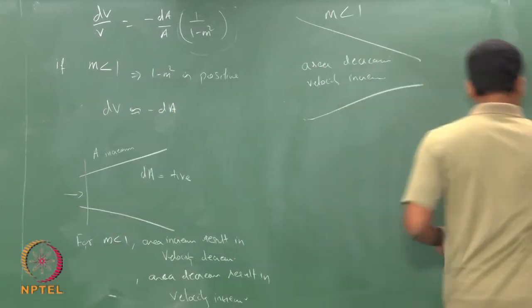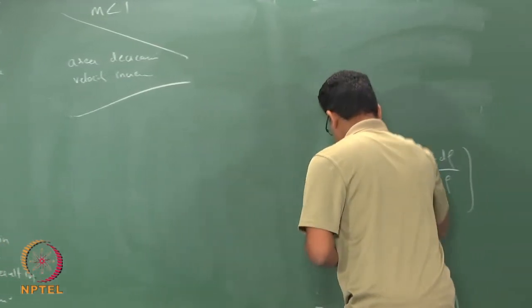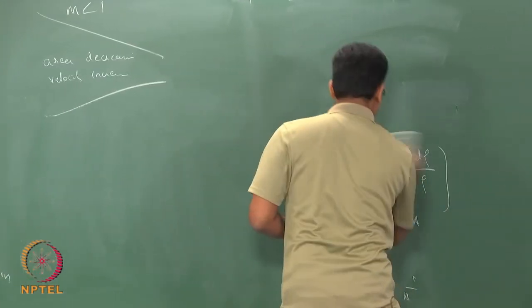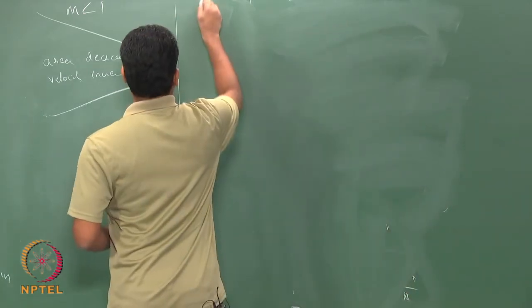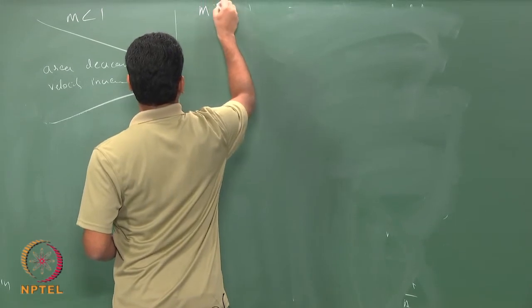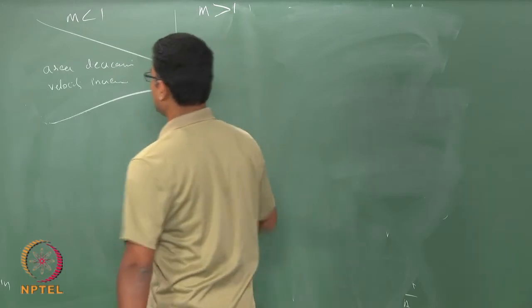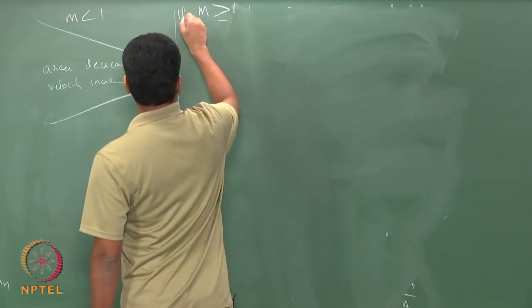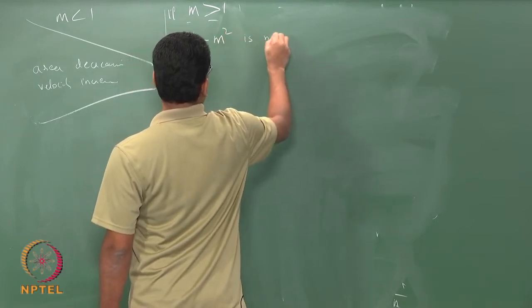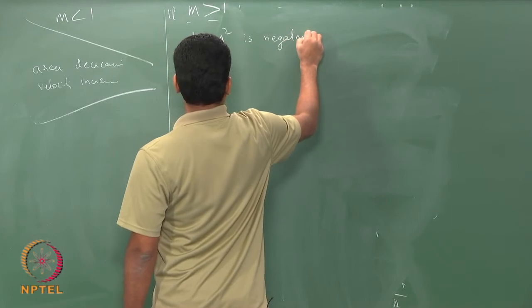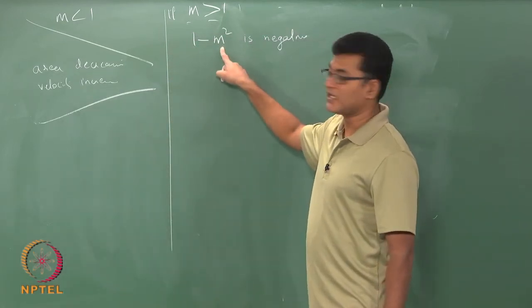Now, if m is greater than 1, what happens? 1 minus m square is negative.